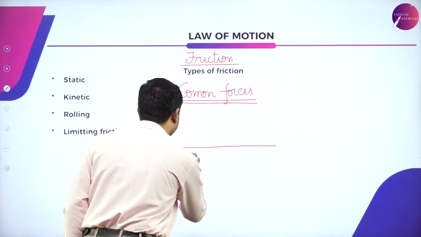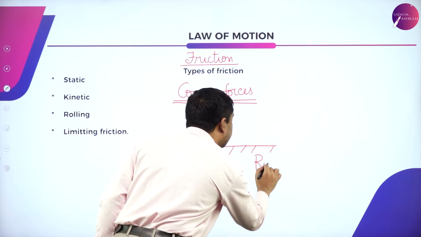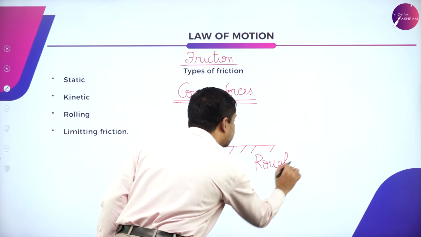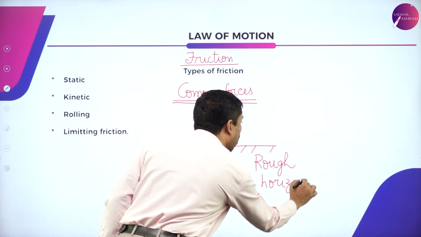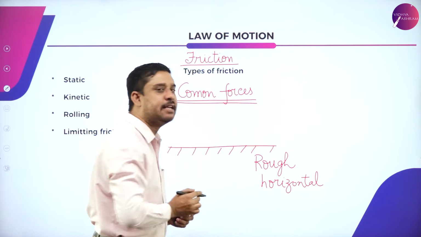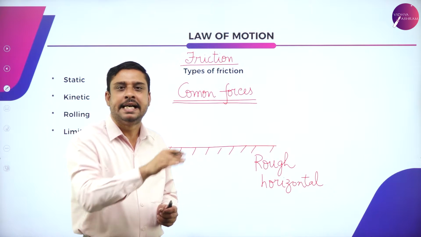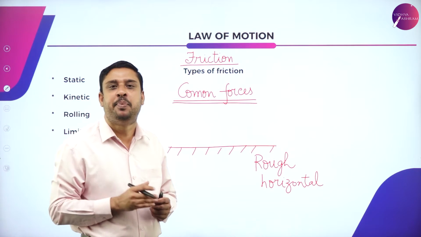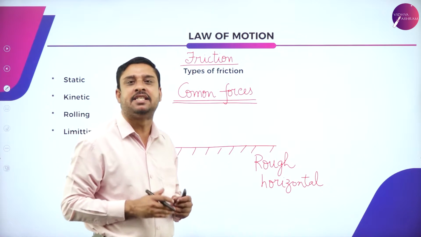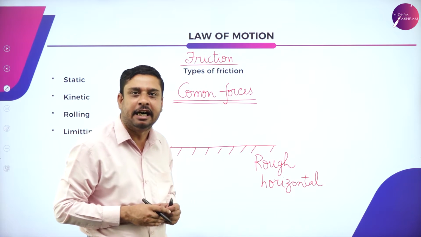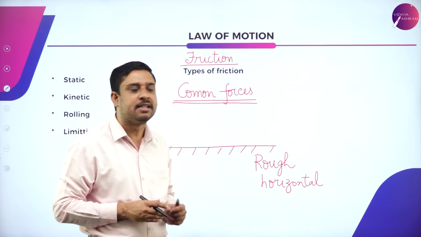I will consider a rough horizontal surface, like the surface of a table, surface of a plane. It has to be rough in nature. So I have considered a rough horizontal surface.